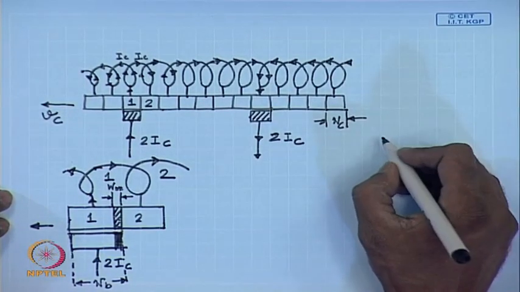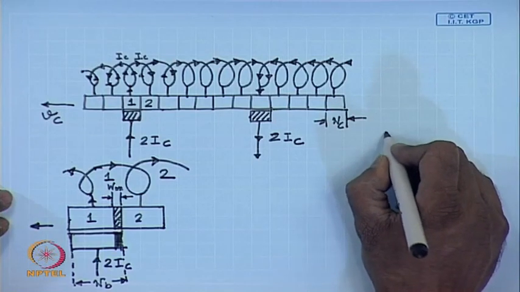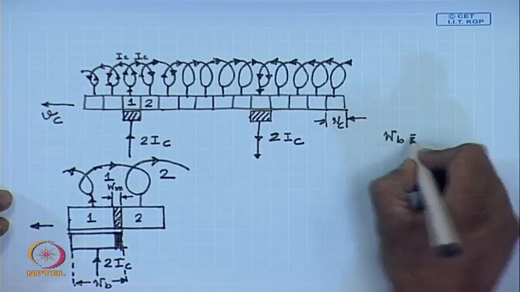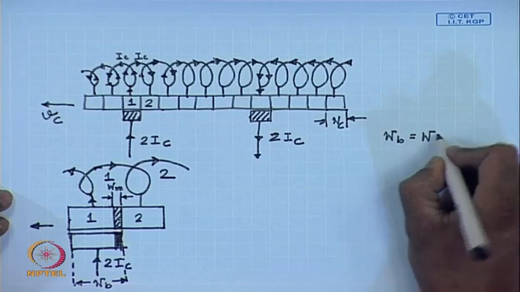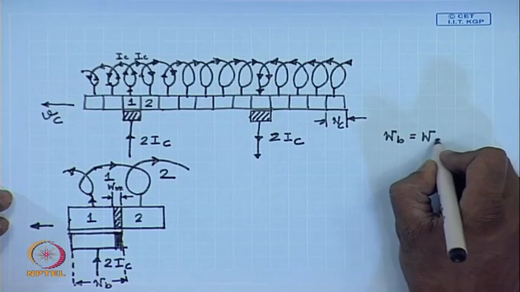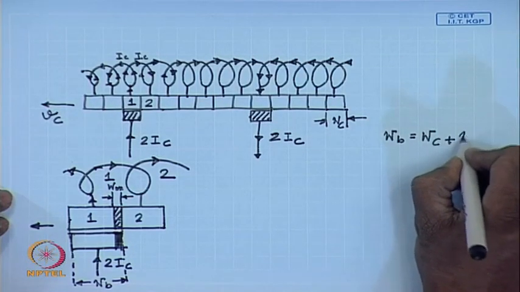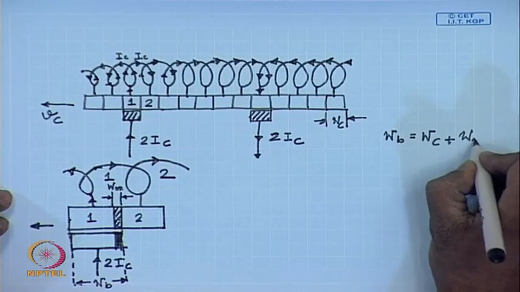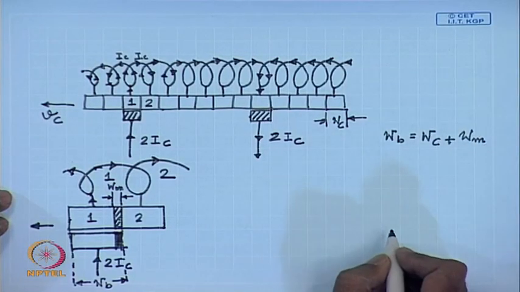In this particular case, we will assume W b equal to W c plus W m, although it is not necessary. In many cases, brush widths are more.